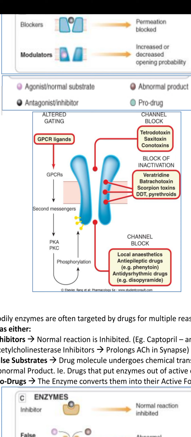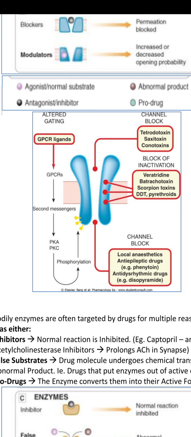The ligands contain tetrodotoxin, saxitoxin or conotoxin. The block of inactivation is done by veratridine, batrachotoxin, scorpion toxin, or DDT pyrethroids.